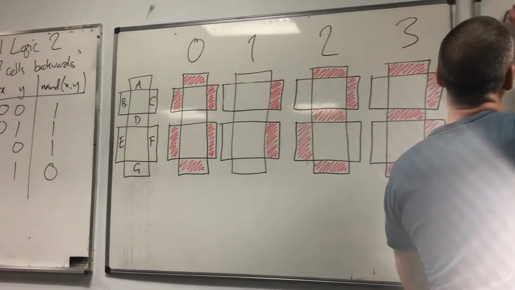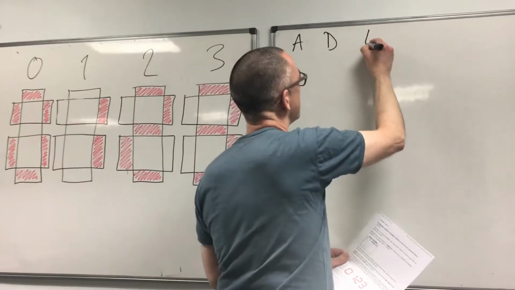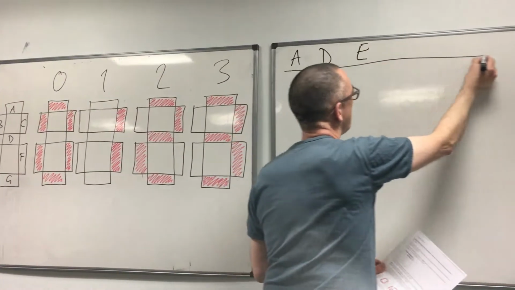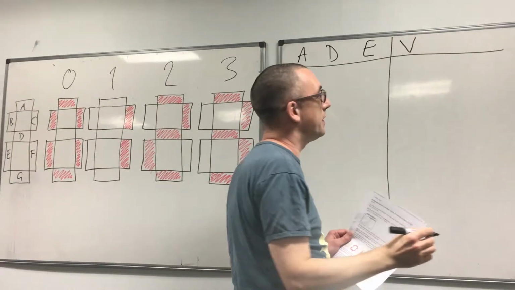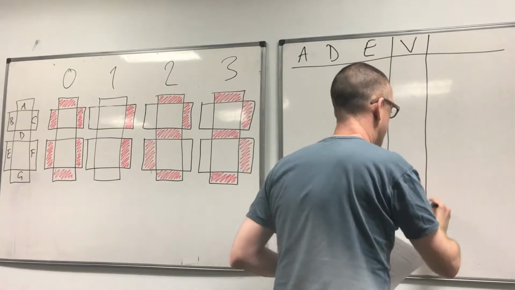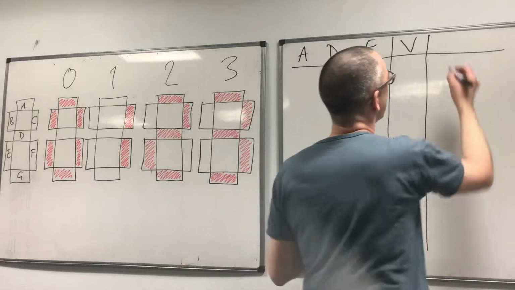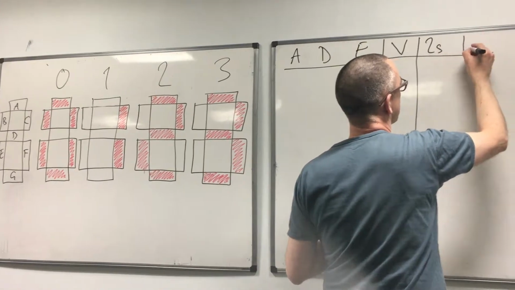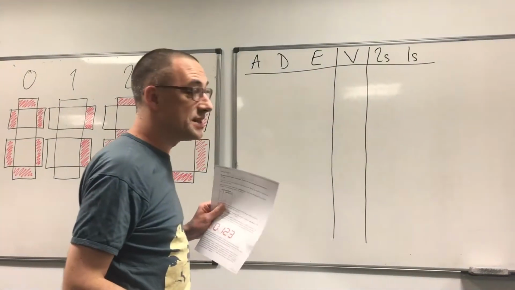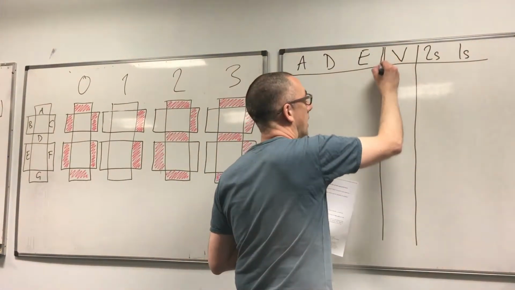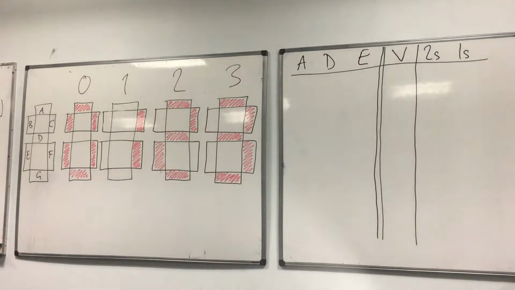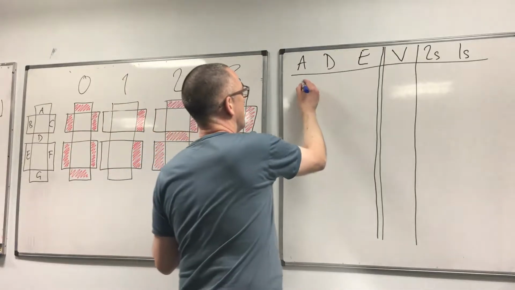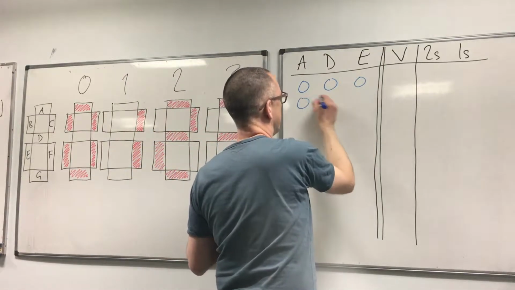Okay, so that's to say we're taking A, D, and E as inputs for a truth table, and then we have an output V for whether or not we have a valid number, and 2s and 1s for which number it is, just in the case where V indicates that we do have a valid number. Let's tabulate all possible inputs in increasing order.